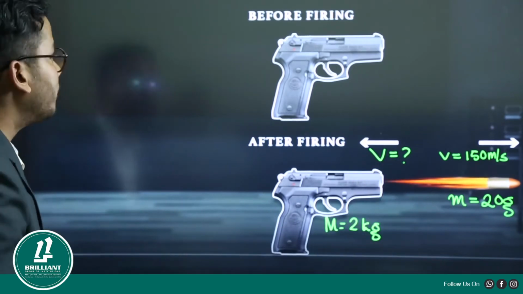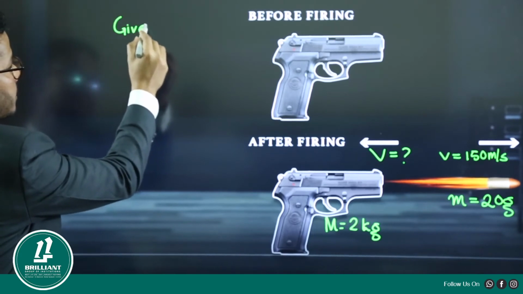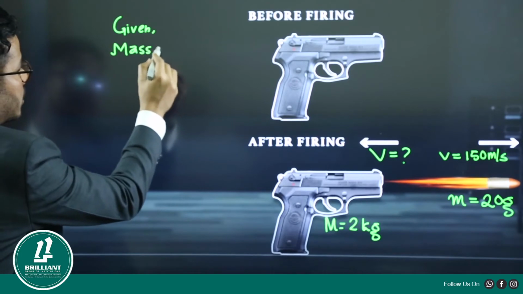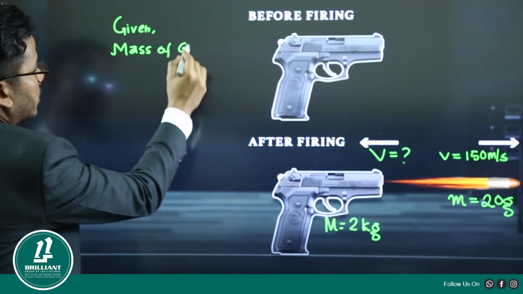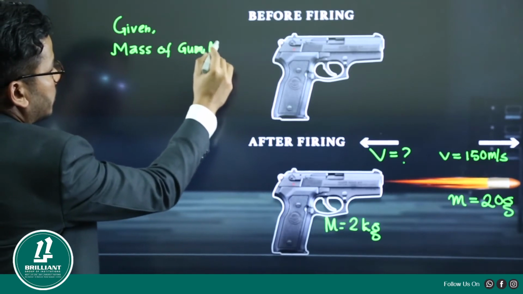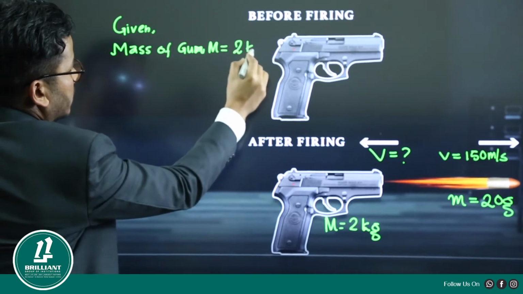So I will write the same. Given: mass of gun, denoted by capital M, 2 kg.